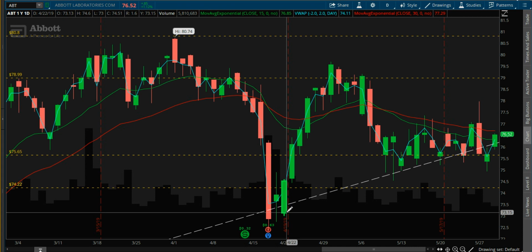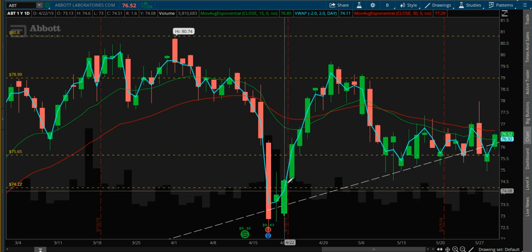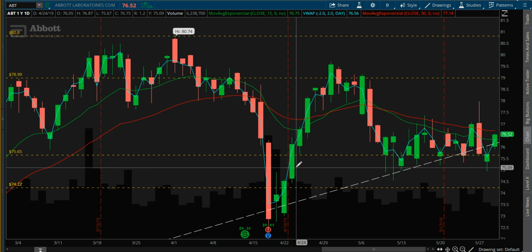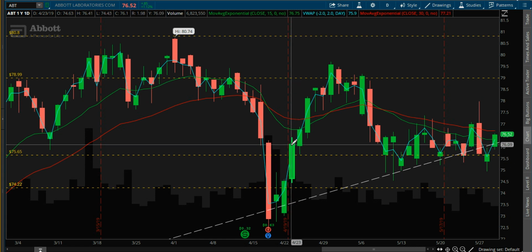The price opened here on that day and closed at this high of 74.52, and that's what created this green candle body. The next day, which would be the next candlestick, it shows you the price action on that day. It opened at 74.64 and closed up here at 76.09.